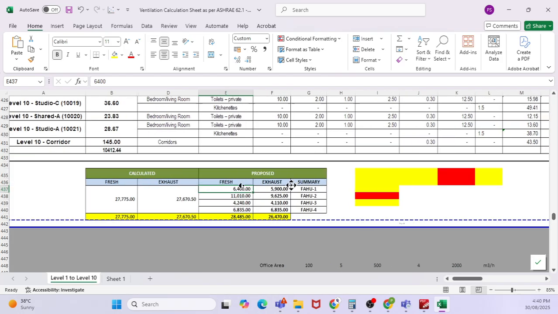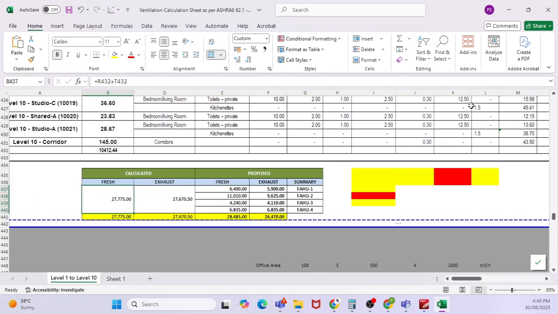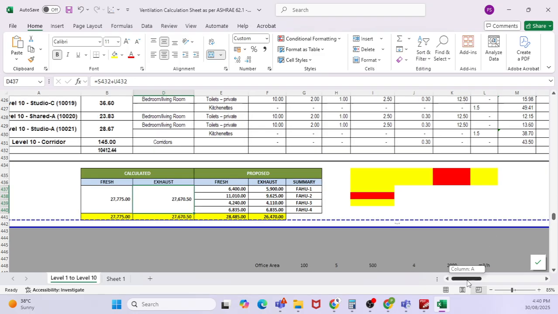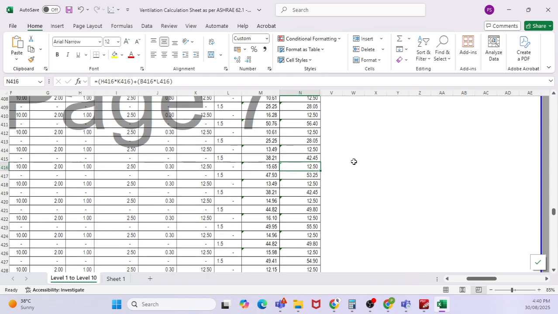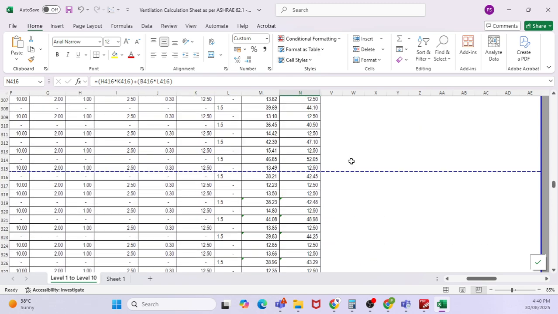So how much is the fresh air requirement? For example, for the entire space you have 27,775. Okay, and what is the exhaust requirement? The exhaust airflow rate as per ASHRAE, you will provide like 85 percent.